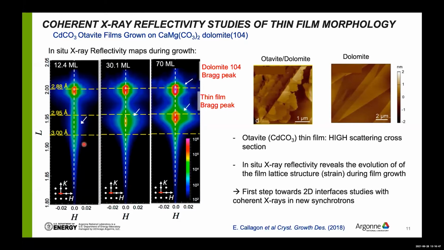But also using in situ X-ray reflectivity, we have discovered that there's an interesting coupling between the epitaxial strain in the thin film, given by the position of the thin film Bragg peak, and different stages of the growth of the film. So this system presents a really interesting interplay between strain, dislocations, and growth mode, which makes it worth studying with coherent X-rays. And furthermore, it is an excellent proxy to prepare future real 2D interface studies with coherent X-rays in new synchrotrons.